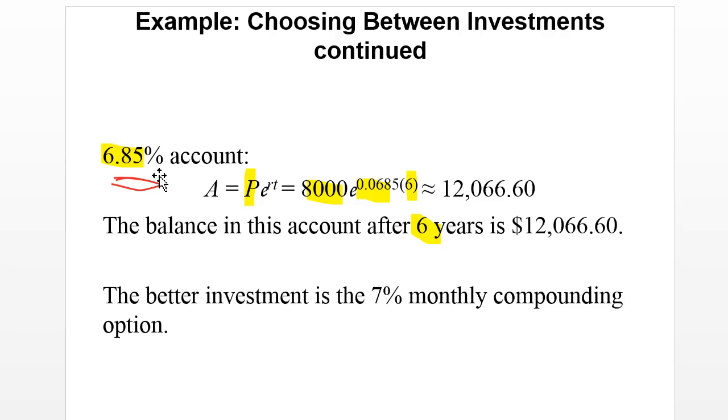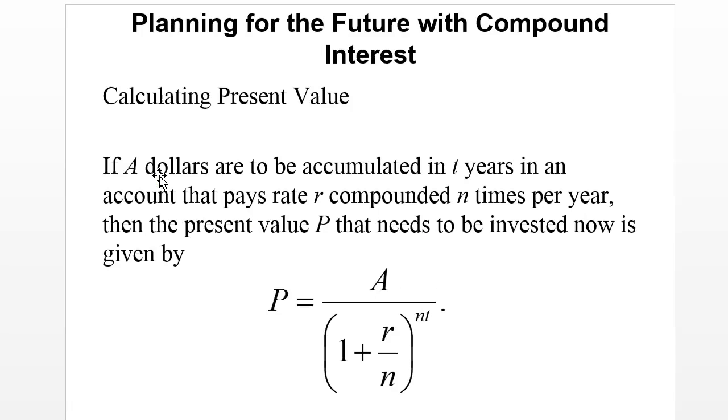All right, calculating present value is a big idea. What present value is, let's say that down the road I want to put my kids in college, and I want to say, all right, what would I need to put in there right now, today, for it to grow for the 10 years or whatever it's going to take for the oldest one to start school?